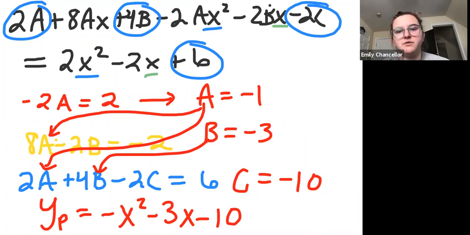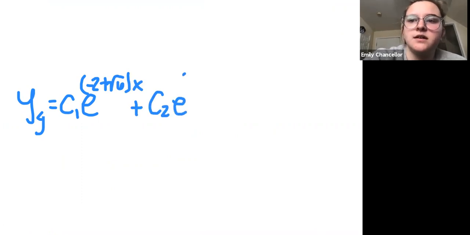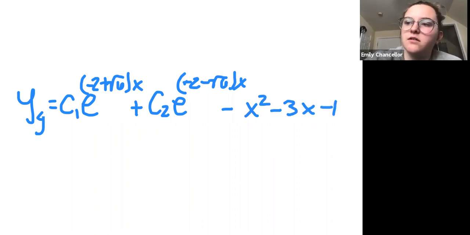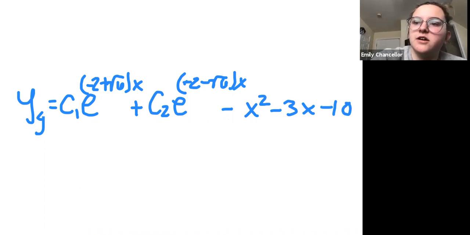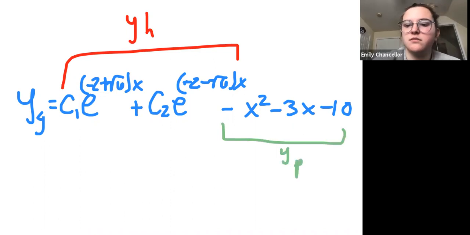So we have yp, we have yh. We can now find yg, because yg is yh plus yp. So yg equals c1 e to the -2 plus square root of 6 times x, plus c2 e to the -2 minus the square root of 6 times x, and then plus our y particular, which we said was -x squared minus 3x minus 10, where this section is our yh, and this section is our yp.